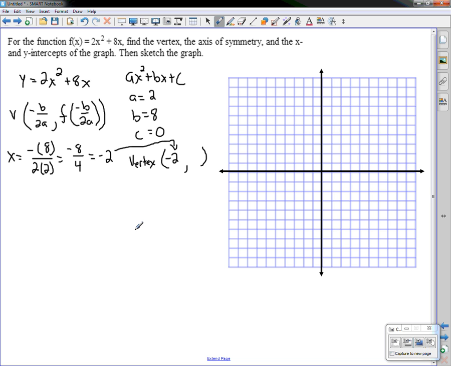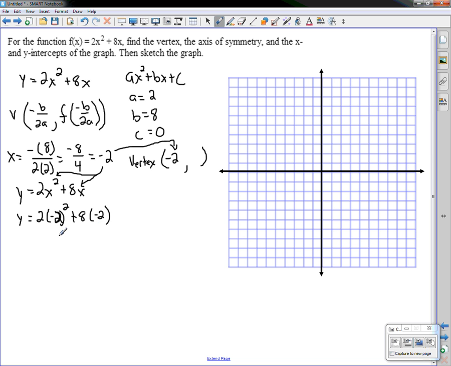To find the y value, we're going to do f of negative b over 2a, which means f of negative 2, since we just found negative b over 2a is negative 2. And all that means is take this, plug it in for x, and see what y equals. So I have y equals 2x squared plus 8x. I'm going to plug this value in to x. So y equals 2 times negative 2 squared plus 8 times negative 2.